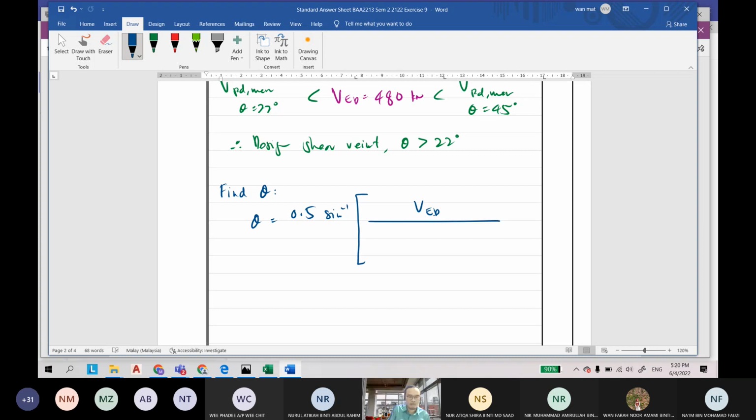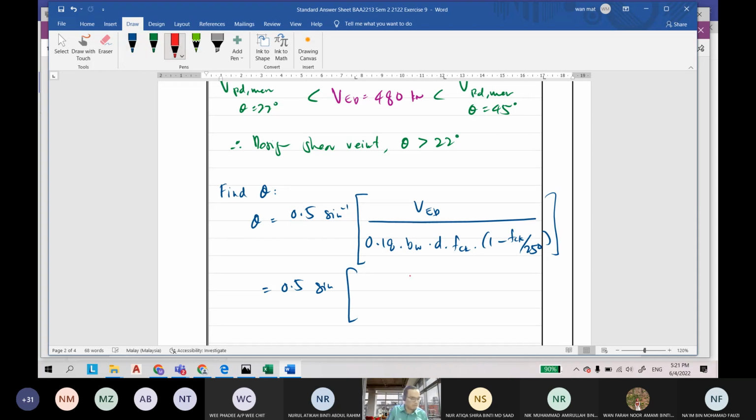VED divided by 0.18 BW times D times FCK times 1 minus FCK divided by 250. So 0.5 anti-sine of VED.